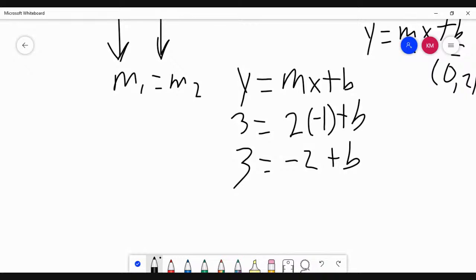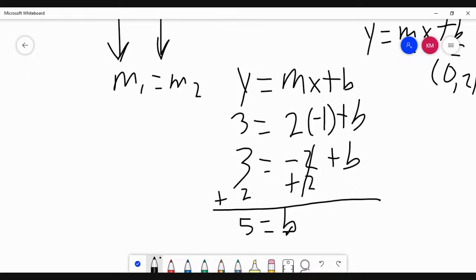Now, to get b by itself, we're solving for the unknown. Still doing algebra. We will add 2 on both sides. 3 plus 2 gives me 5, and the -2 plus 2 cancels, which leaves me with b.